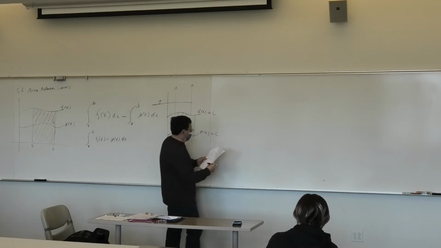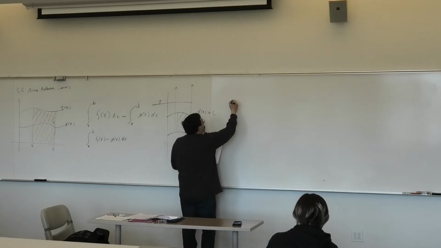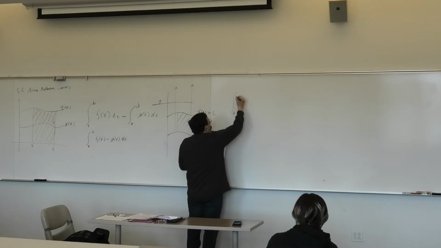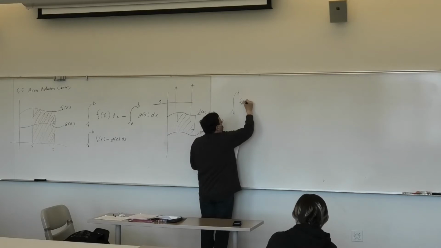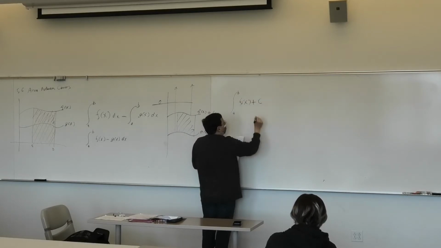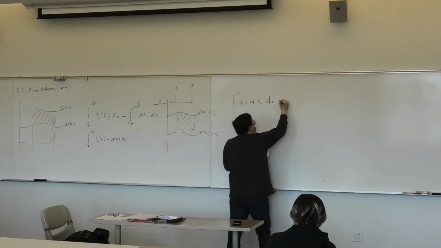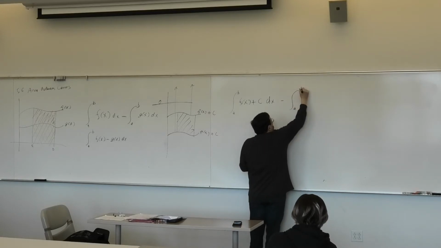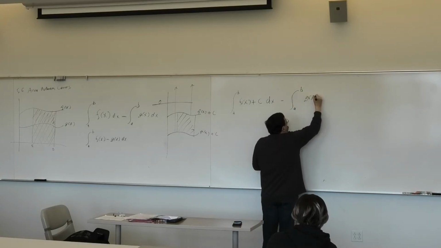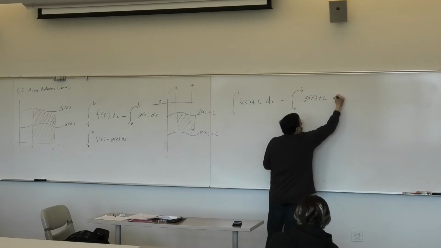So let's take a look. We have the integral from a to b of f of x plus whatever that constant needs to be, minus the integral from a to b of g of x plus c.